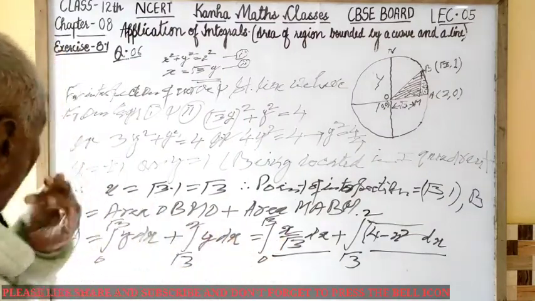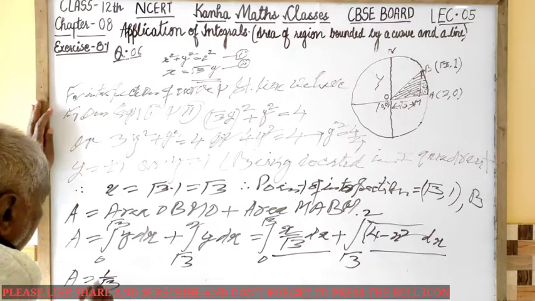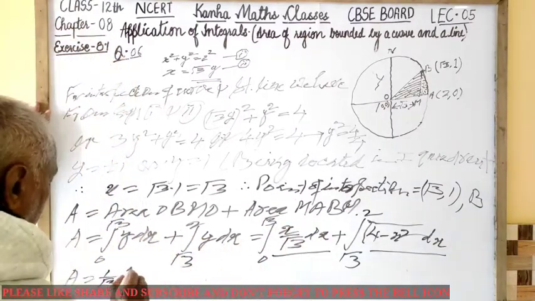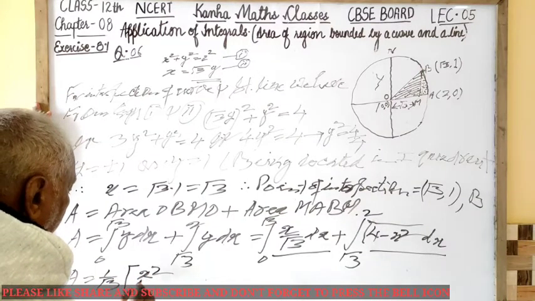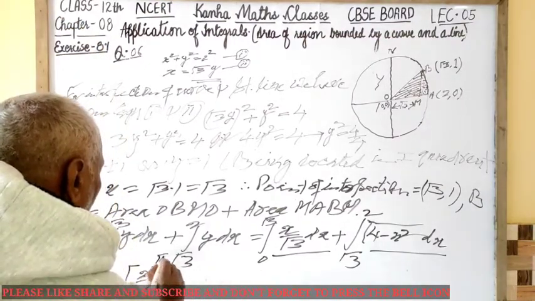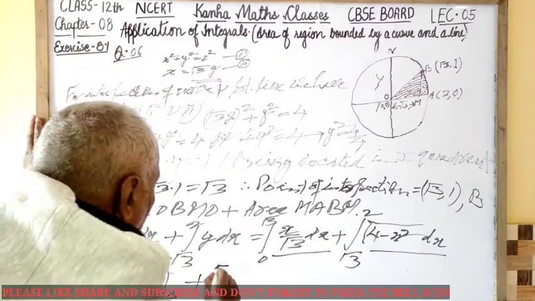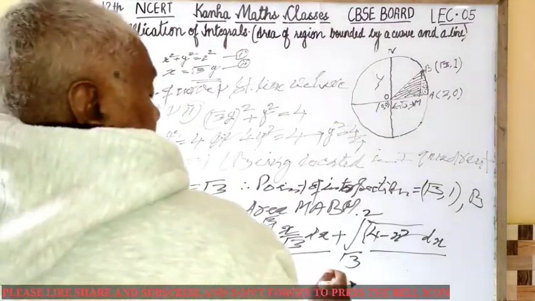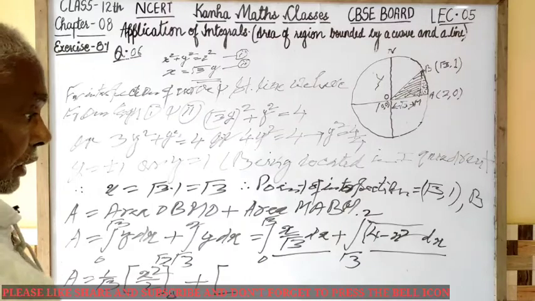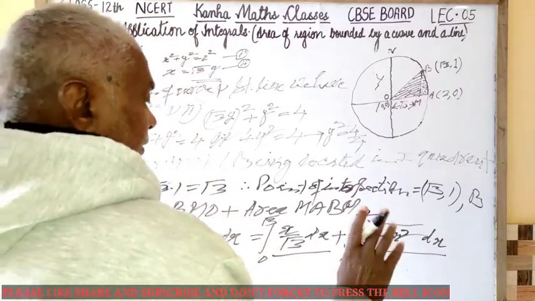Here taking 1 by root 3 as common, in the integral only x dx is left, and this will be equal to x square by 2, with limit 0 to root 3, plus here the fundamental well-known integral of under root a square minus x square dx, which is formulated as x by 2 under root a square minus x square plus a square by 2 sin inverse x by a.